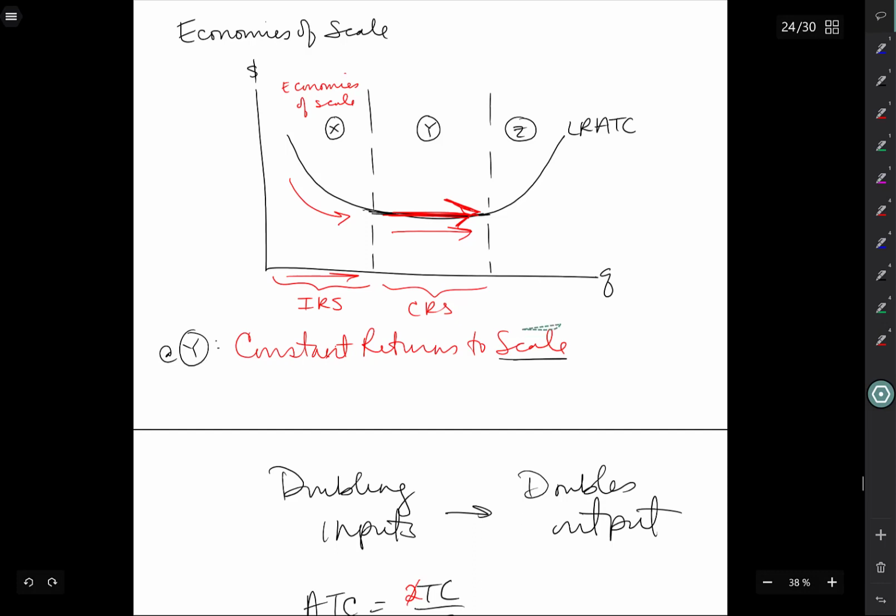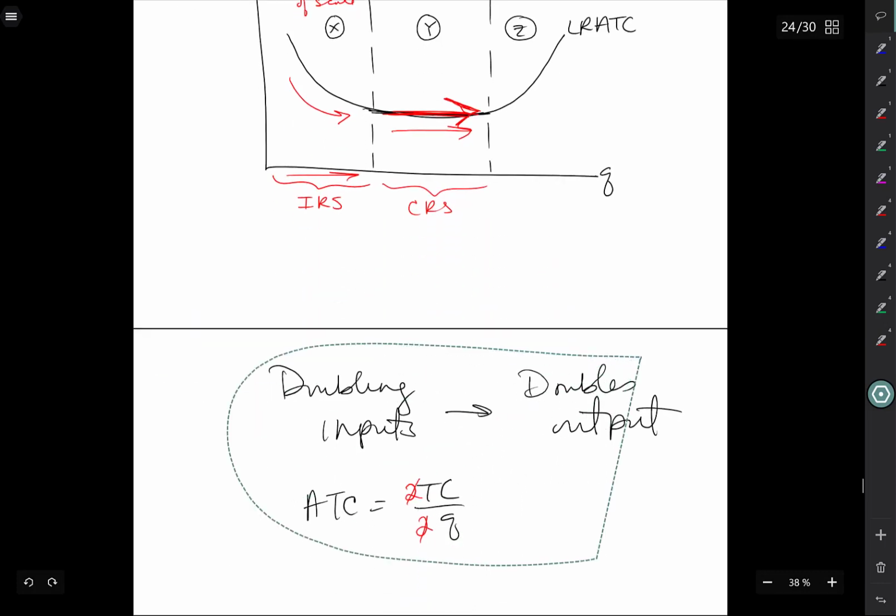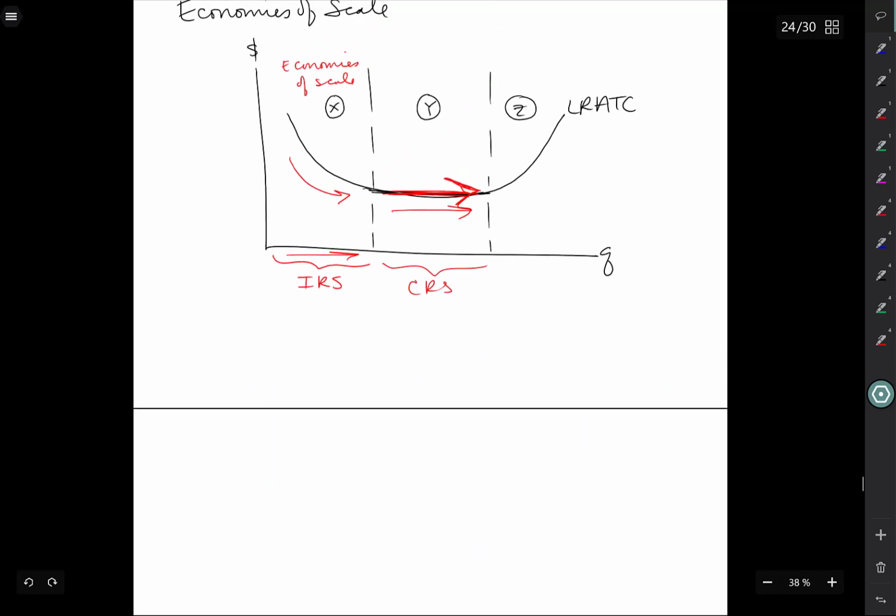Now the last part. What do you think it's called? As we produce more, we start picking up the average total cost. It's not increasing returns. It must be decreasing returns.